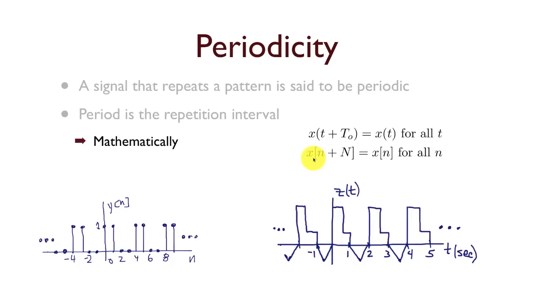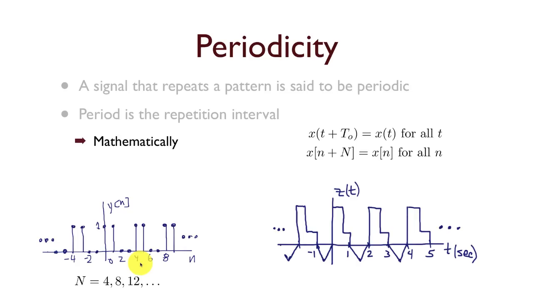Similarly, in discrete time, if I take my signal x of n and I shift it by some interval capital N, and I get the same signal for all little n, then I'd say that's periodic as well. So you can see here, if I took this signal and I shifted it by 4 units, I would get the exact same signal. So that's also periodic.